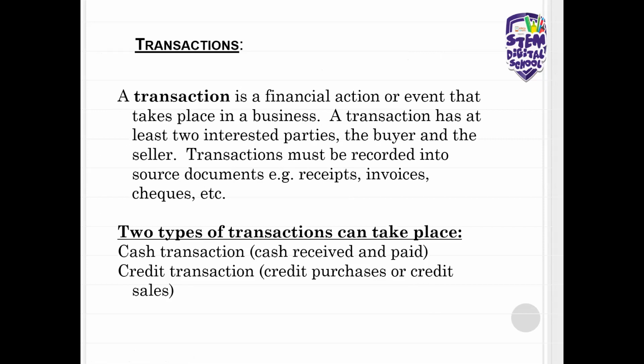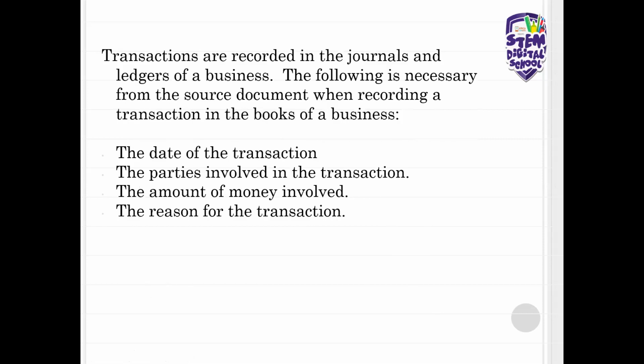And remember, there are two types of transactions that can take place: either cash transactions or credit transactions. And then remember the information that you need from the document to record it into a journal, and that is the date, the parties involved, the amount, and the reason for the transaction.